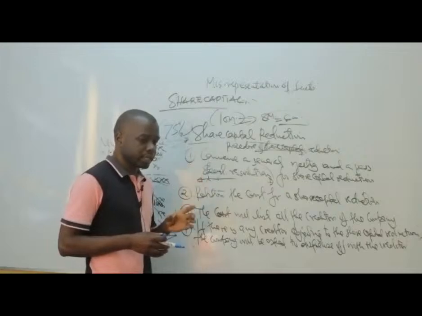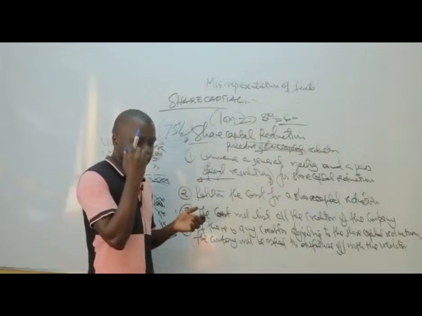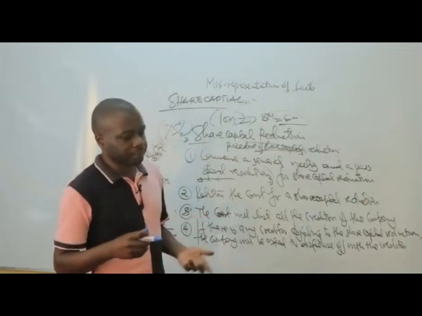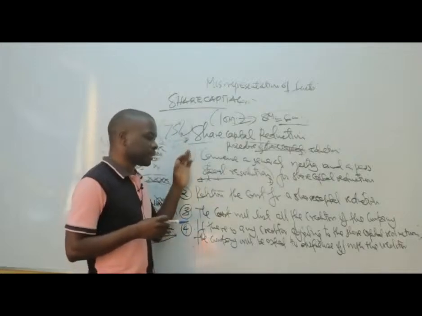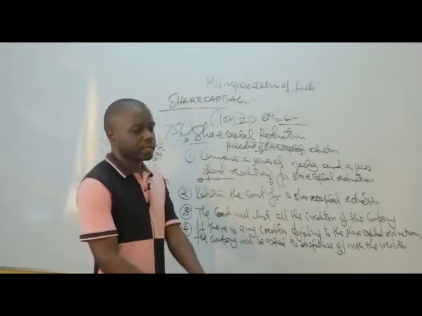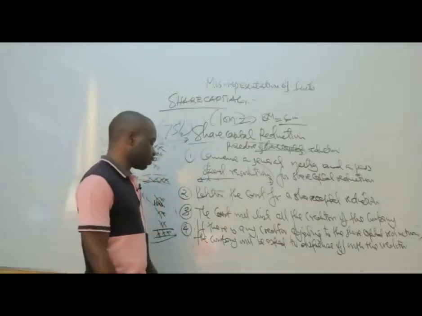They list all the creditors, and in case these particular creditors are objecting, they can ask the company to dispense off or pay off the creditors before they can do the share capital reduction.